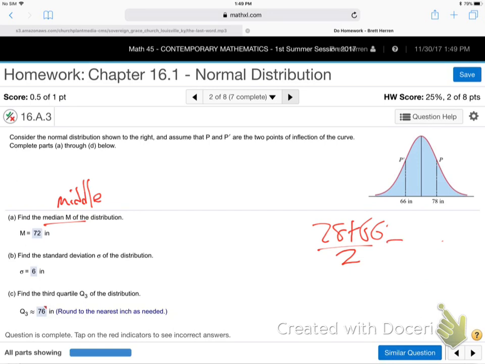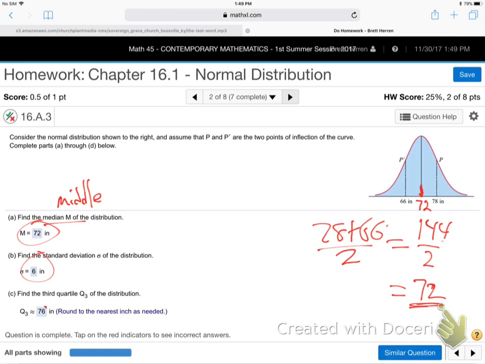Just add them and divide by 2, right? The average, that finds the middle. So what is that? 144 divided by 2? 72? So, oh yeah, obviously 72. So 72 is the middle. We good? Right there in the middle. This must be 72.